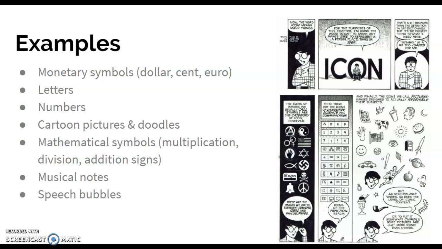There's pretty much endless types or examples of icons because it's pretty much any drawing or symbol or concept that represents something. And yeah, there's a lot more on the right on this visual.